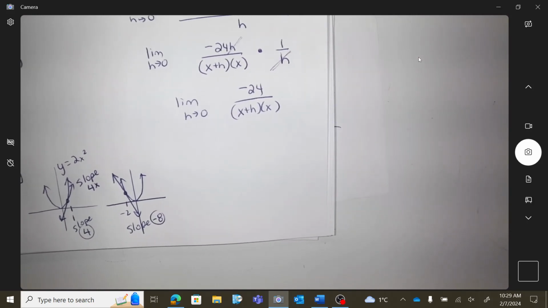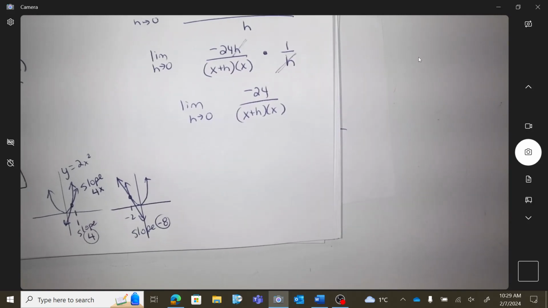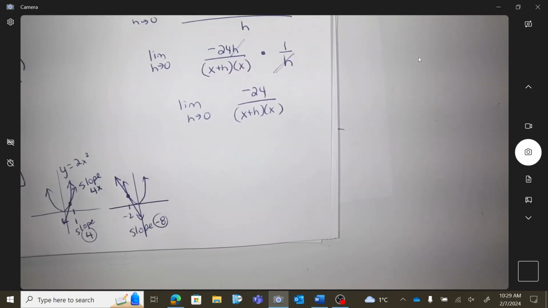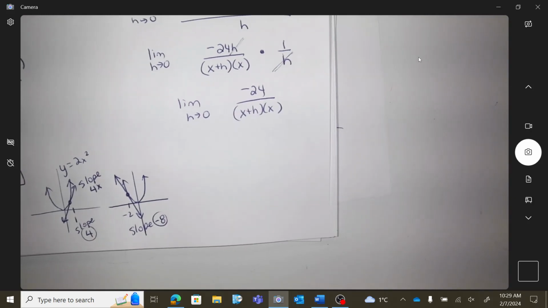I'm officially ready to plug in the 0 now. I got rid of my problem. As soon as you've got that canceled h out, now I can plug in.